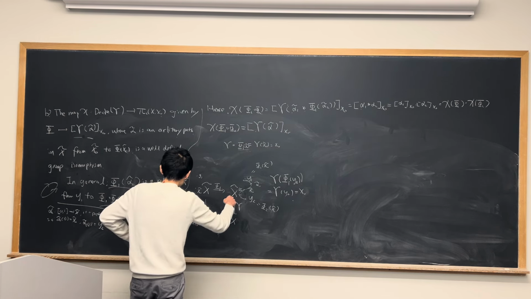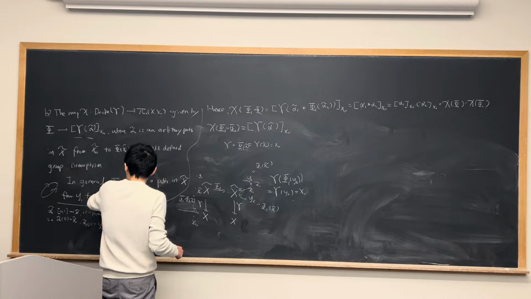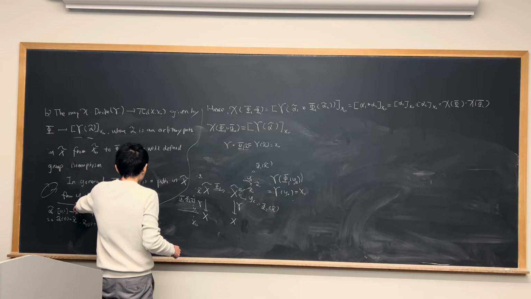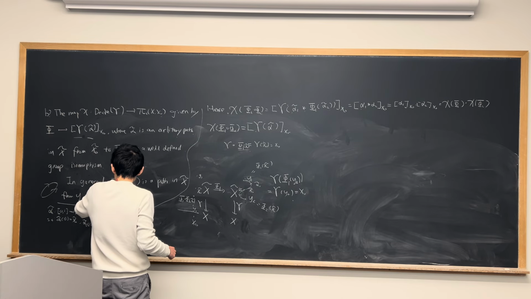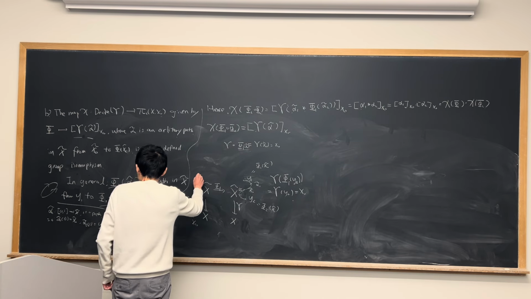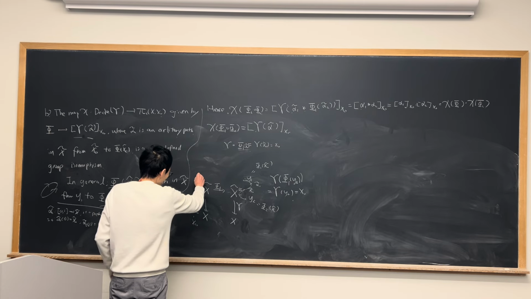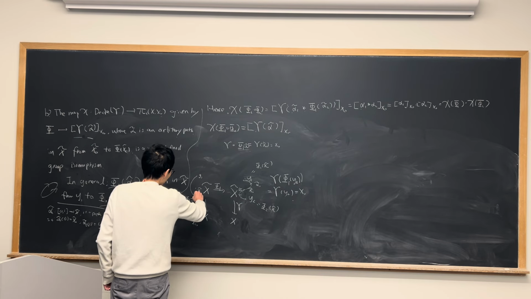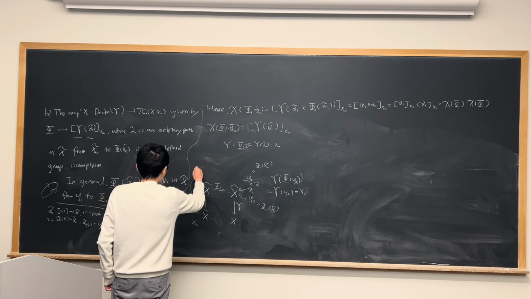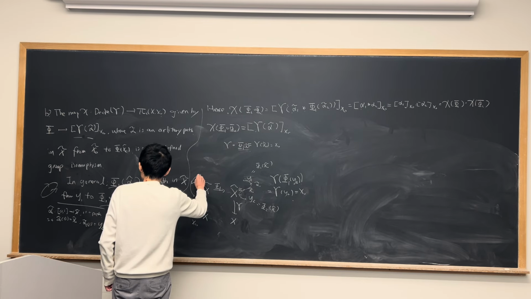From this statement, we know that phi 1 of this alpha 2 is a path starting at y1 to here. This is the path, phi 1 of alpha 2 tilde.